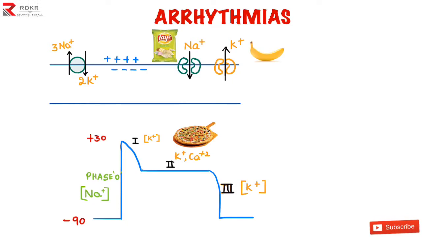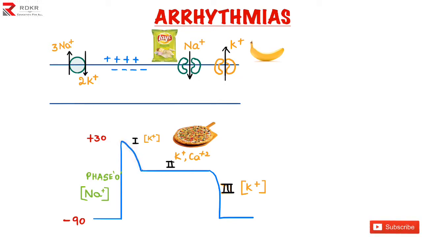So your cell wants to donate the potassium into the blood, and the potassium ions go out. After your Lay's is completed, as you don't eat the banana, your potassium ions are effluxed, going out of the cell. Due to this, repolarization has started. I think it is clear. So the phase in the red color is the repolarization. Now the repolarization has started.